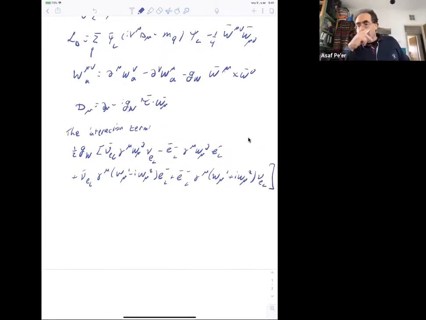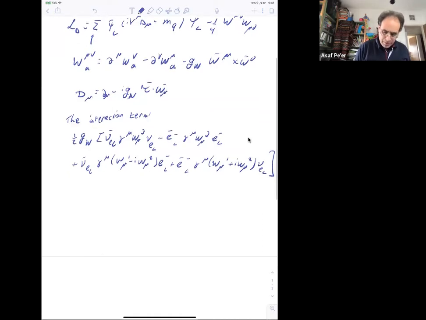And so we see that there are two terms which couple the electron and the neutrino. So these are the terms that we associate with the W plus-minus. Right, so these are these two terms.